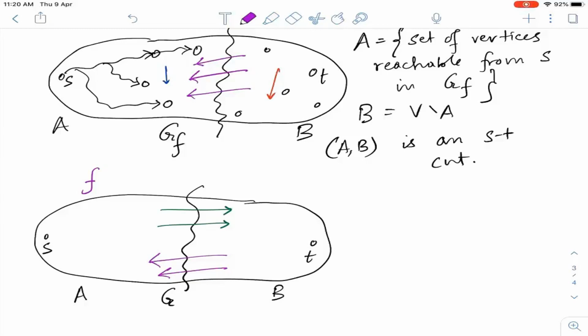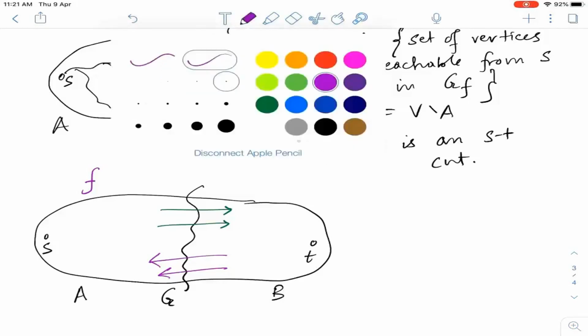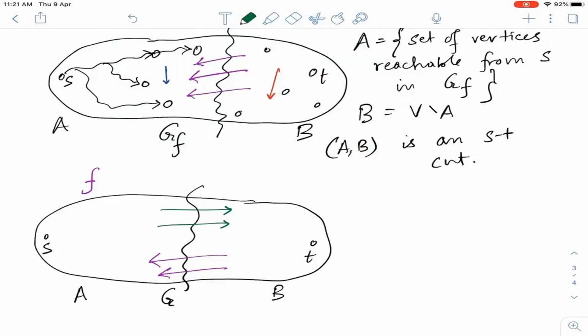Excellent. Okay, so one answer which I have is that if I look at the green edges, suppose let's give it some name, let's say this is the edge E prime. Then what she is claiming is that f of E prime is equal to the capacity of E prime.